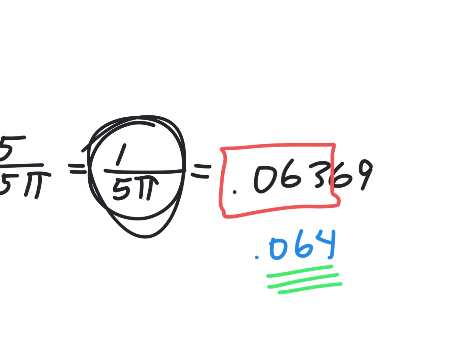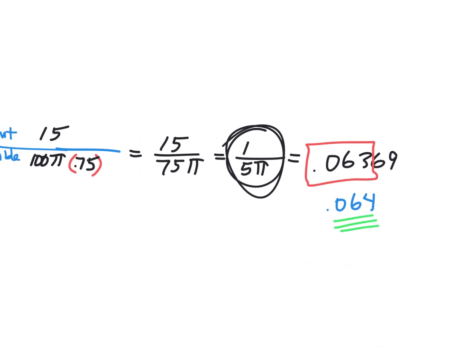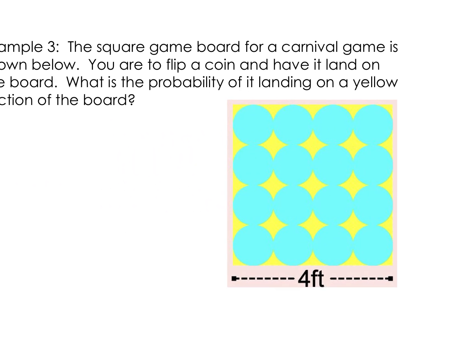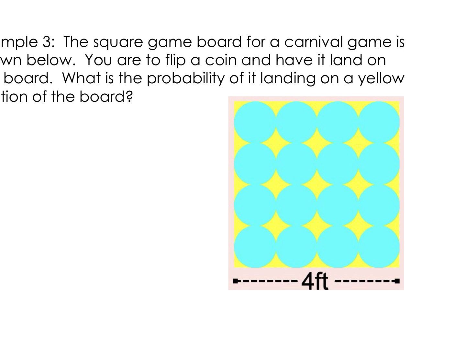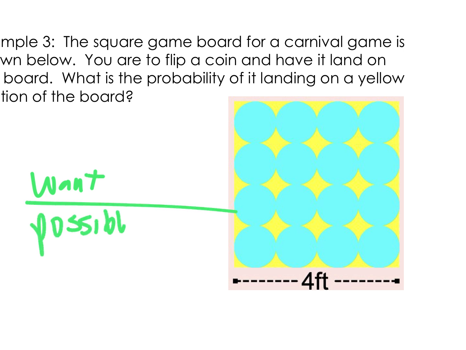That's a number between 0 and 1. And it is true, that's the percentage chance of hitting that spot. All right, good enough on that. I think you get the idea. Now it's just going to be different combinations that are going to make you think more. And if every time you figure out what you want and put it on top, and all the things that are possible, put them on the bottom, these will work out. So let's talk this through.